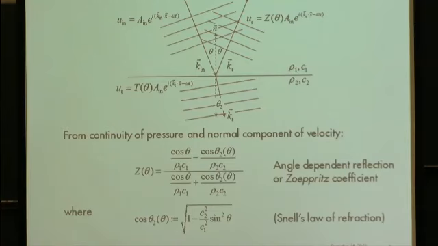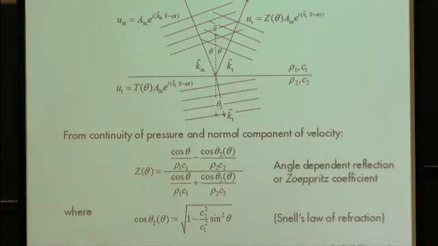This is as simple as it gets. You have a two-layered medium, so just constant medium parameters. This is acoustic, so a density and a velocity above that interface and another density and another velocity below that interface, and you have plane waves with an incident wave vector k_i and a reflected wave vector k_r. It's just Snell's law is obeyed, right?